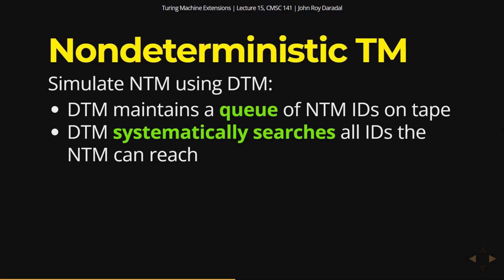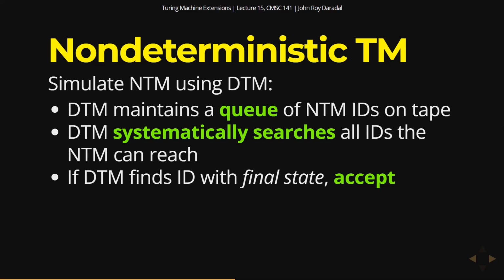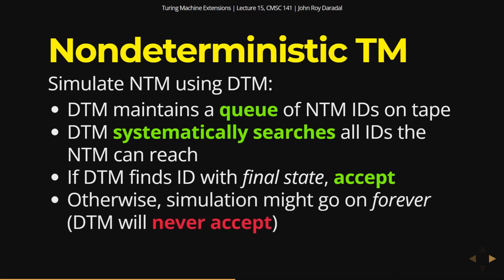We'll have to search through all possibilities one by one. And if you find an ID with the final state, then you accept it. Otherwise, the simulation might go on forever, so the deterministic Turing machine might never accept. But once it finds an ID with a final state, then it's already accepted.